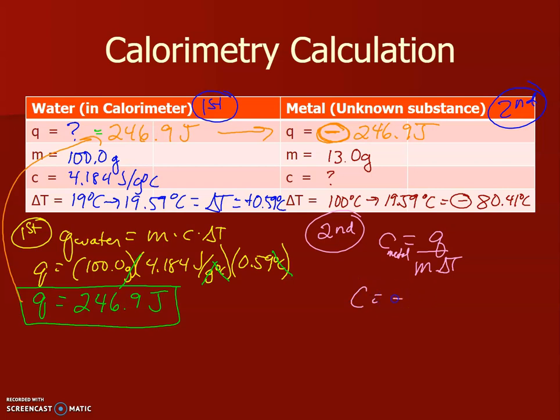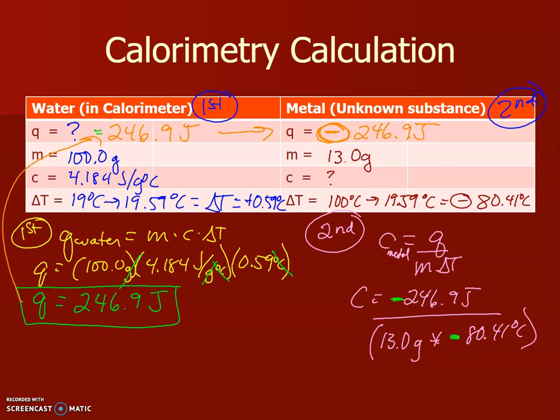So C is negative 246.9 joules divided by, and remember, we have two things in the denominator, so we've got to be careful, 13 grams times negative 80.41 degrees Celsius. Now notice we have a negative value here and a negative value here. A negative divided by a negative cancels out. Woohoo!